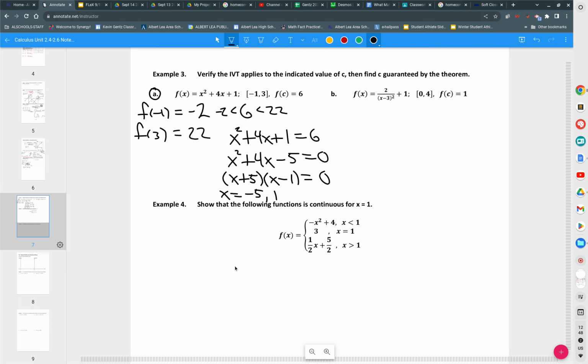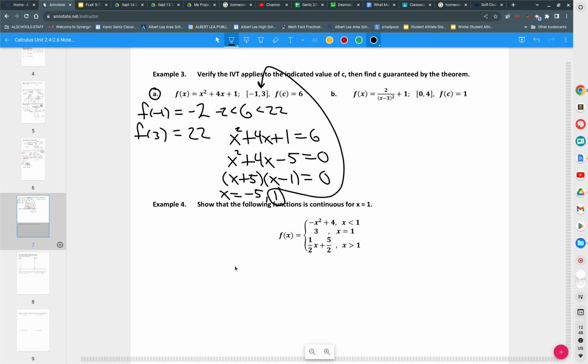Anybody confident? Yeah. It's 1 because -5 is not within the interval. It's 1 because it fits within the interval of -1 to 3. -5 is not within the interval of -1 to 3. The IVT guarantees that you're going to come up with a solution that sits in that interval. That's the idea. Just like 6 is between those two values, 1 is between those two values.